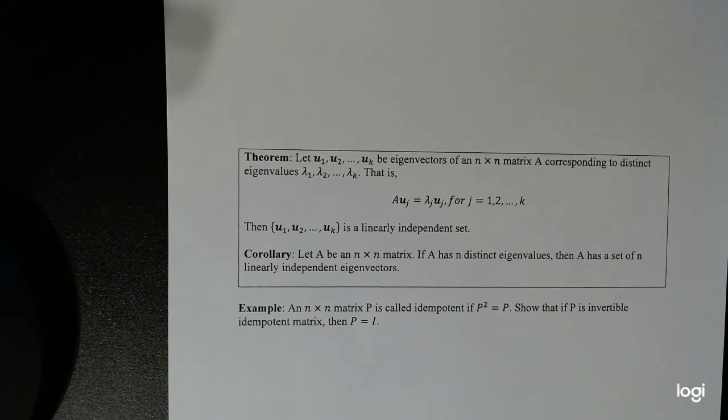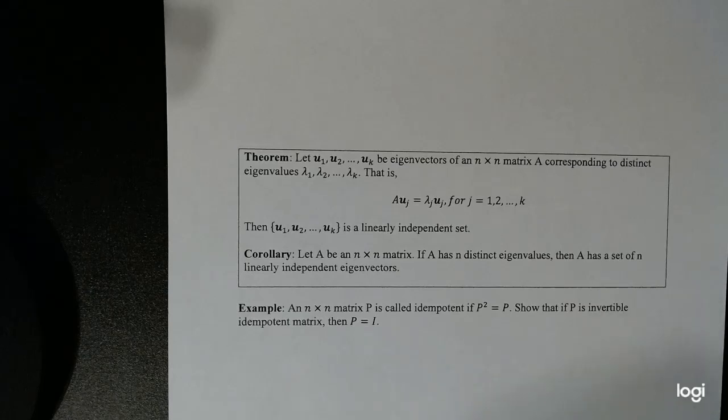Therefore, A times the set of vectors is equal to lambda times the set of vectors, which makes sense. But this is the key thing: the set of vectors is actually linearly independent.